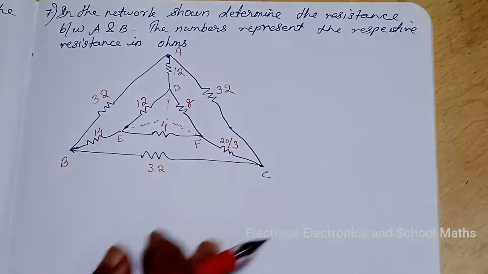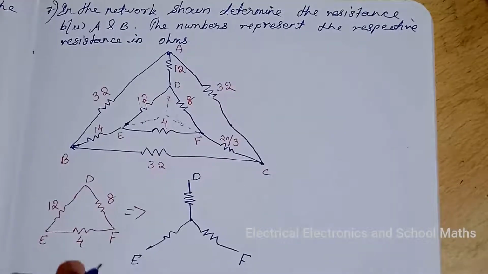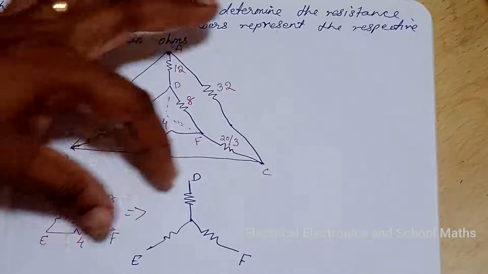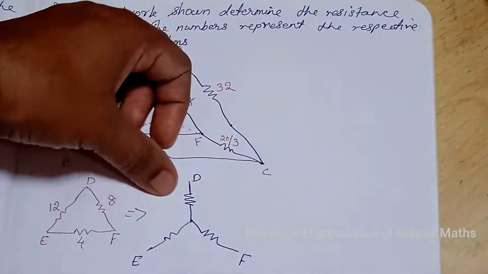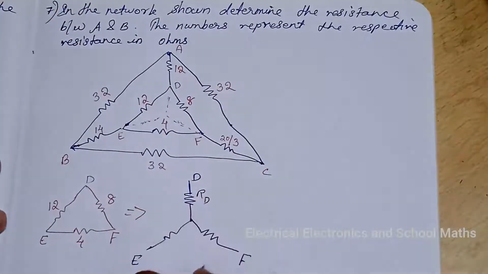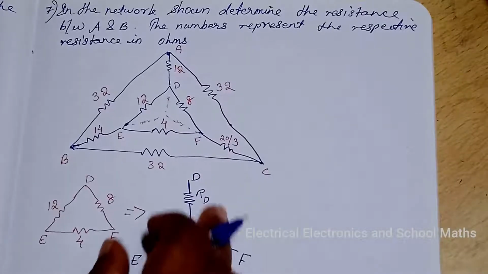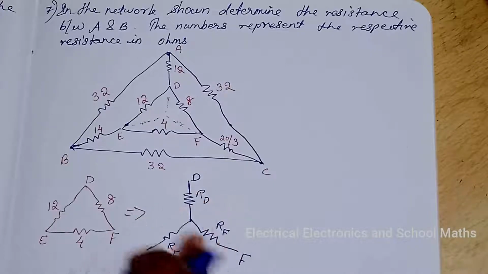So rearranging the picture, draw the delta only, that is convert this delta into a star. Let RD, RF and RE be the resistors of the star connected network.